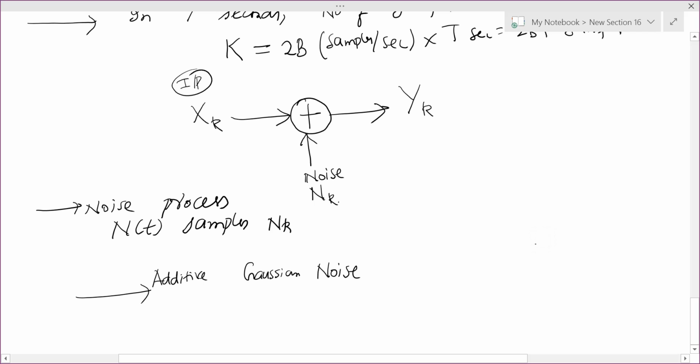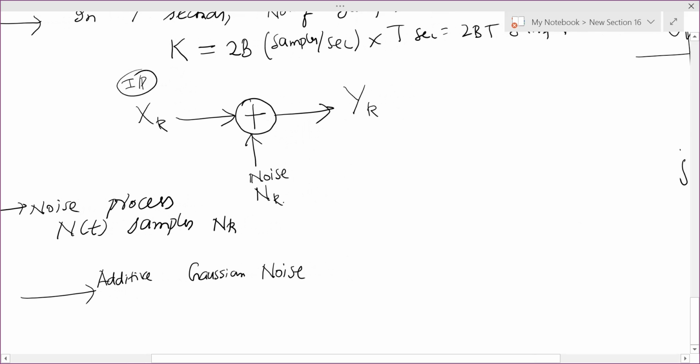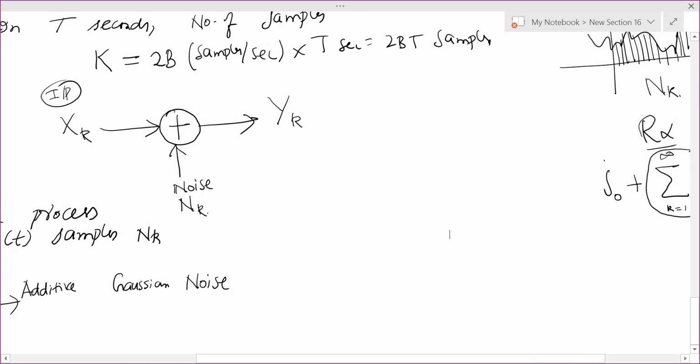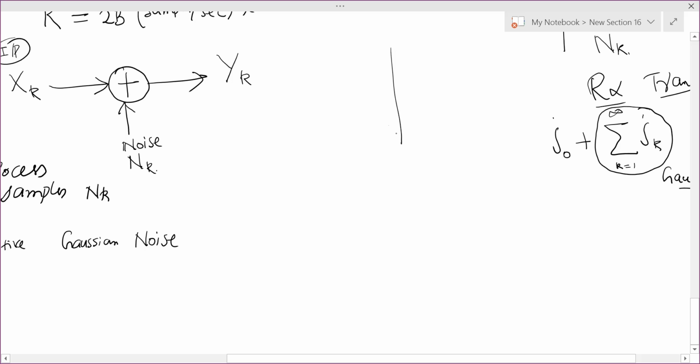One more thing: this noise will have some frequency characteristics, and one of the basic assumptions about this noise is that if this is the frequency, and on the y-axis I plot the power density, meaning power per hertz, then at every frequency it remains the same, constant.